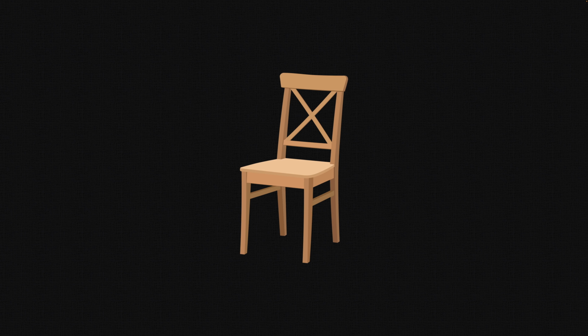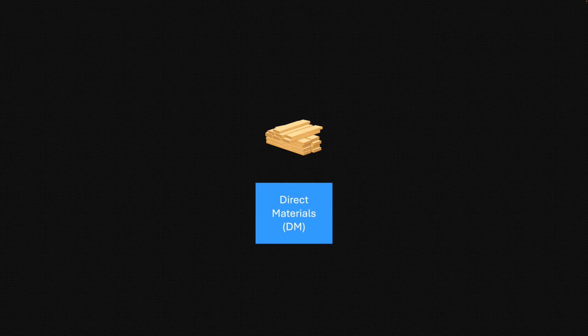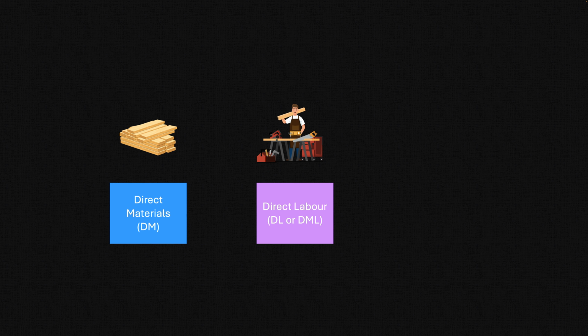Let's go back to that finished product, the chair. We know it just doesn't magically appear. Things need to be done in order for it to be created. There are direct materials, which we can abbreviate as DM. I'll use this picture again. This time I'll use this picture for direct labor, which is DL, or direct manufacturing labor, which is abbreviated DML.